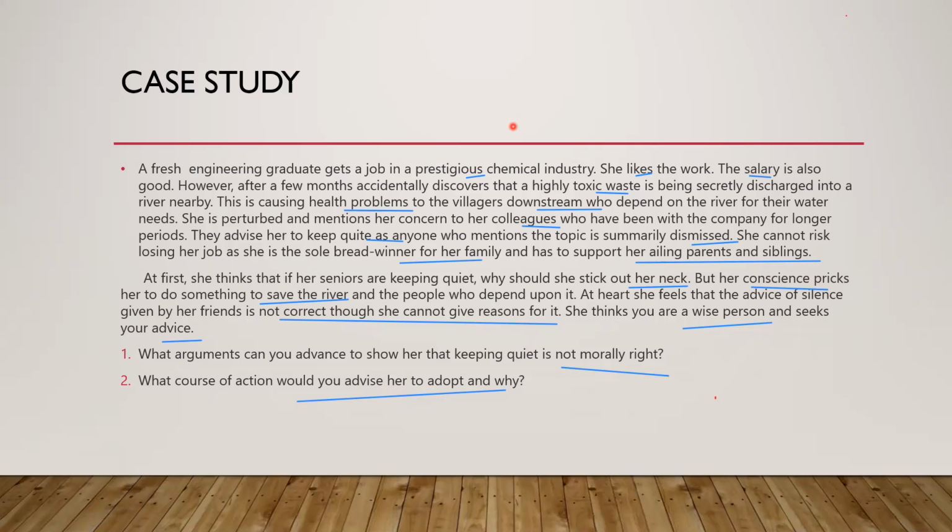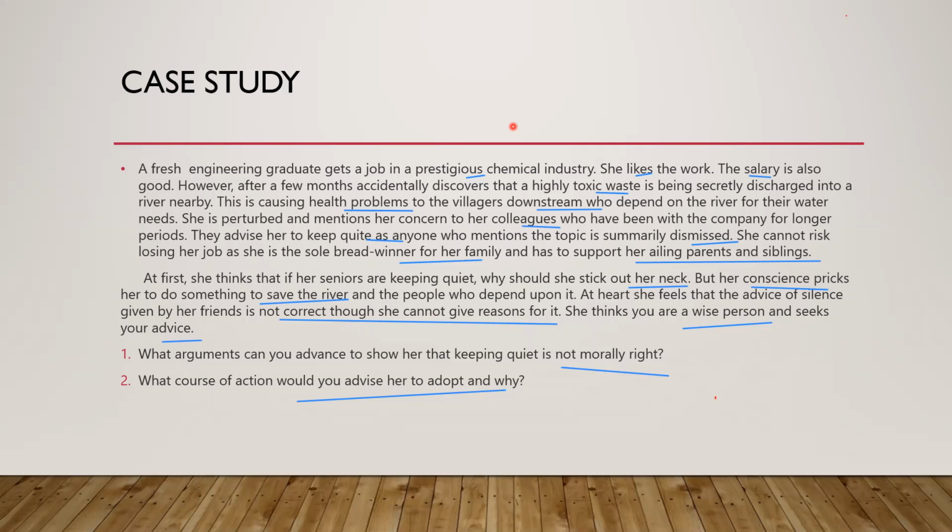If I look at this case study, the main challenge is environmental, and you are the one who is going to solve that. So there are two things: one is environment, second is you. You are the boss, that yes, I'll have to solve this. And who is you? You means the one giving the argument, the one telling her what she should do and how to do it. So there are two angles to it.